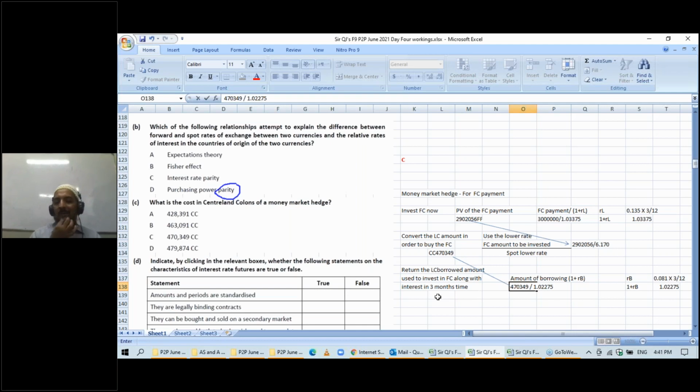So the amount in the local currency that you will have to pay, the redemption amount of this borrowing, the principal and the interest amount. So this will make 479,874 Centland colons. So this is your answer.